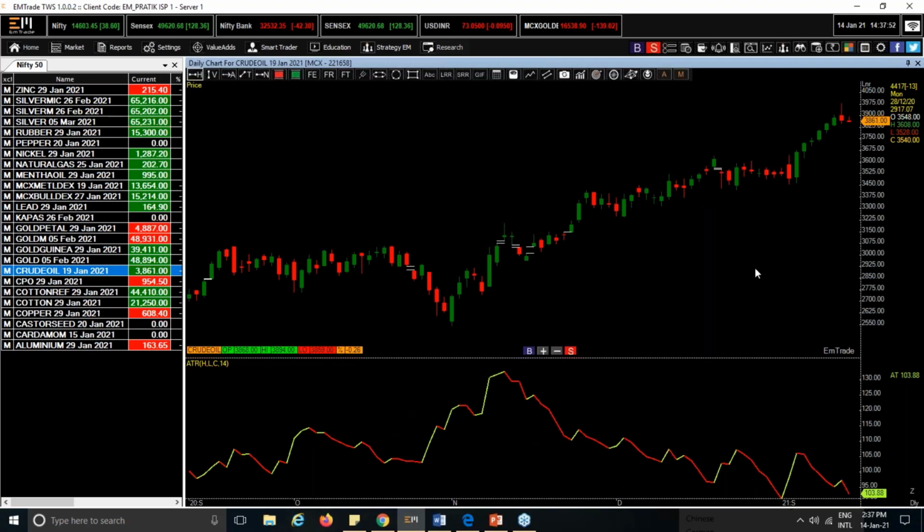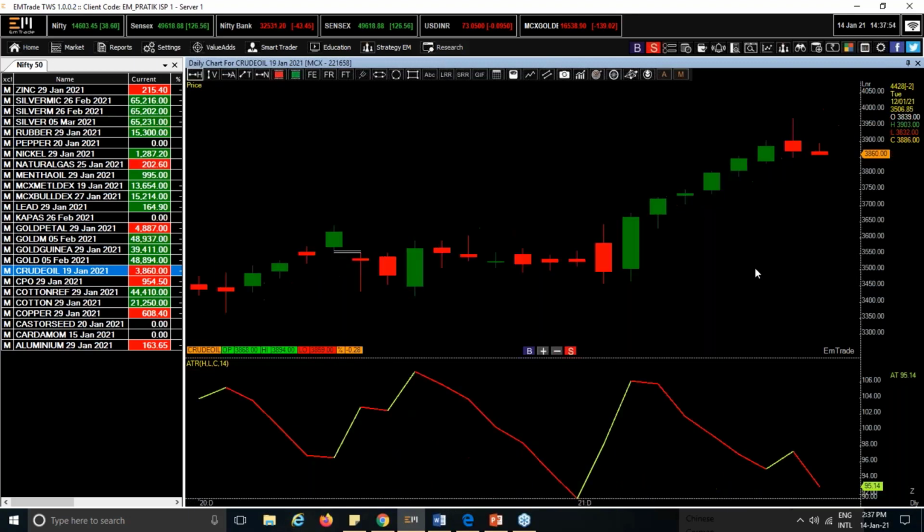I request you all to kindly open the chart of crude oil 19 Jan expiry and tell me what yesterday's ATR is. ATR is your Average True Range.